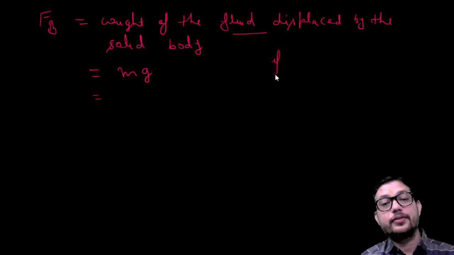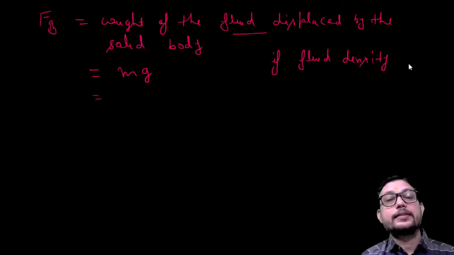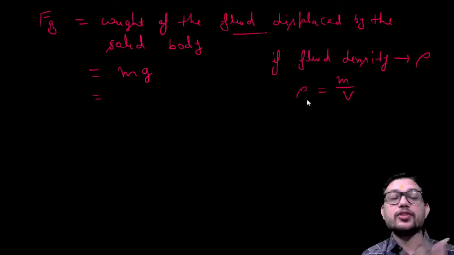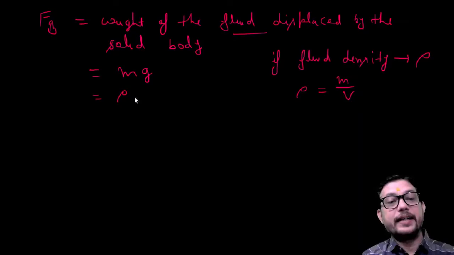So weight is nothing but mg, and if we consider that the fluid has density rho, so we have density equal to mass upon volume. So in place of mass, we can write density into volume into g. I hope that up to here each and everything is clear.